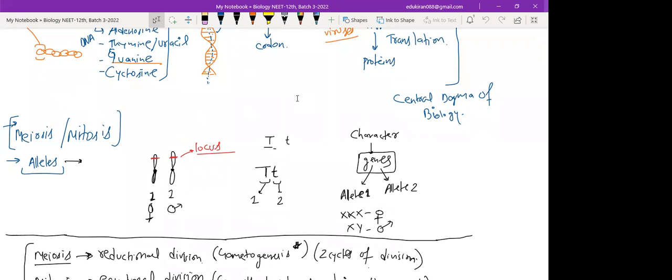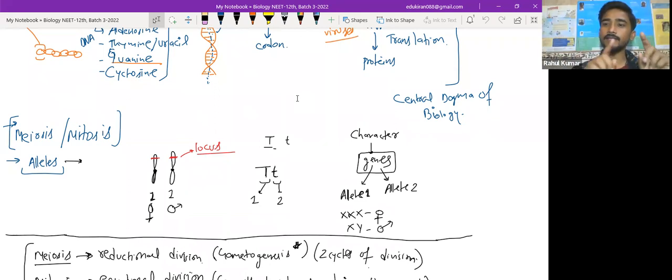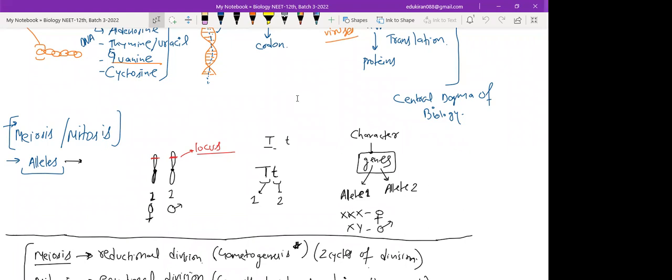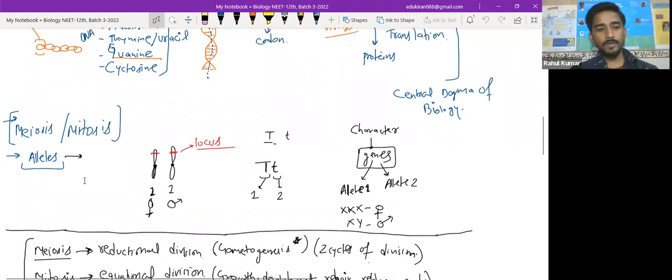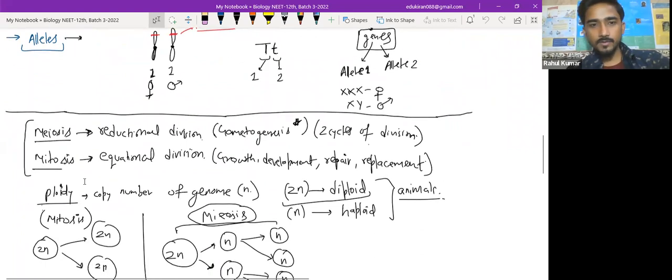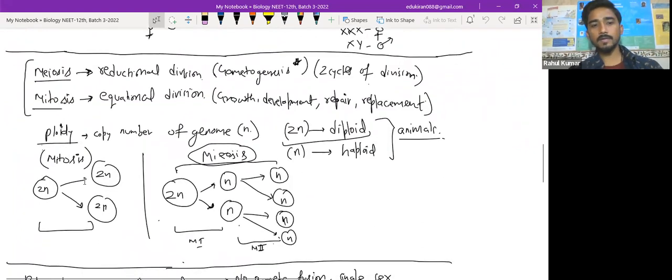So DNA is the thread, and on that thread, any region that starts with a start codon and ends with the end codon, that part of DNA will become a gene. Clear? And if you take that long DNA and start condensing it, like rolling or squishing it together, it will become one chromosome. Correct? Perfect. We then went on to discuss meiosis and mitosis, and also to understand ploidy.